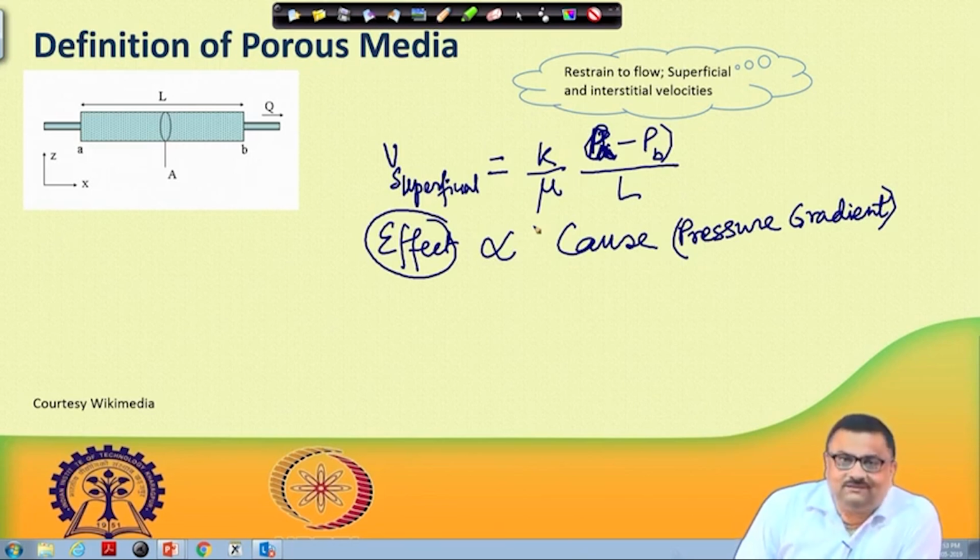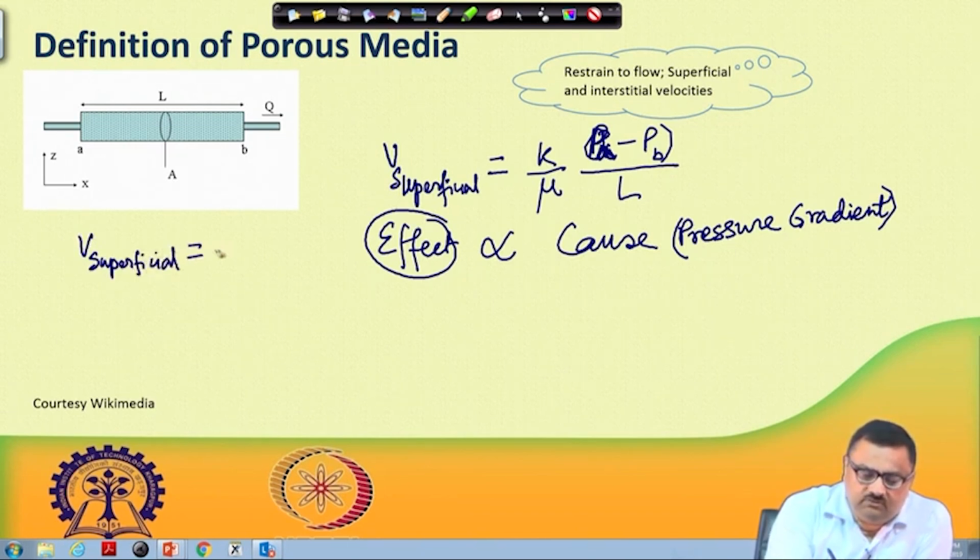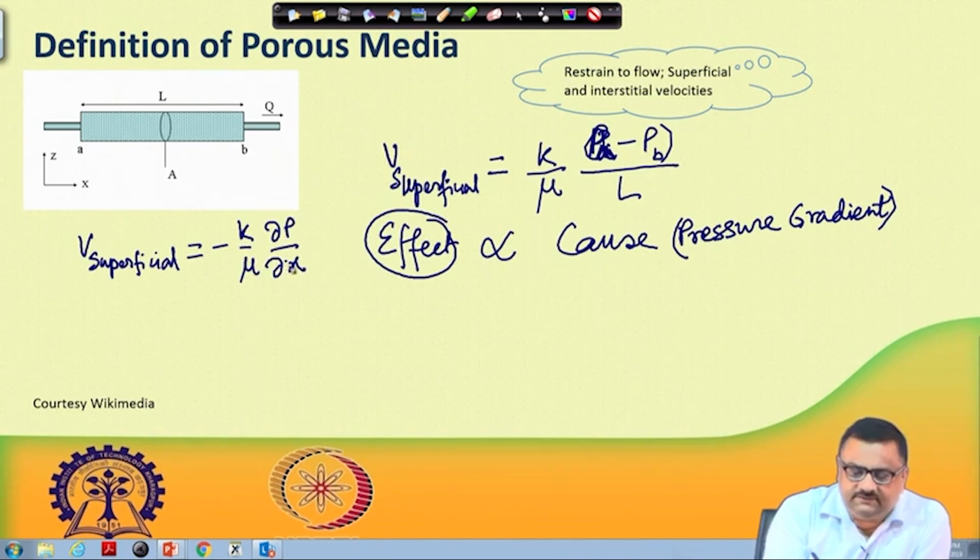Now, instead of the algebraic form, one can write this in differential form: V superficial is equal to minus K by mu del P del x. This is the velocity in differential form. Why the minus sign?